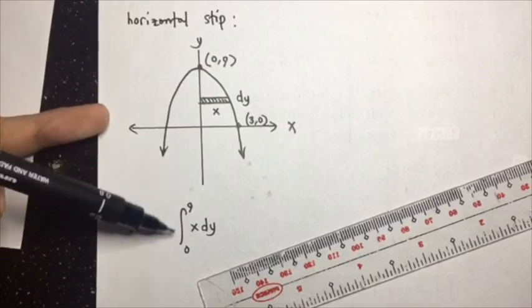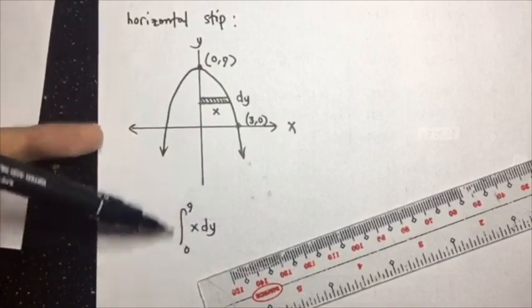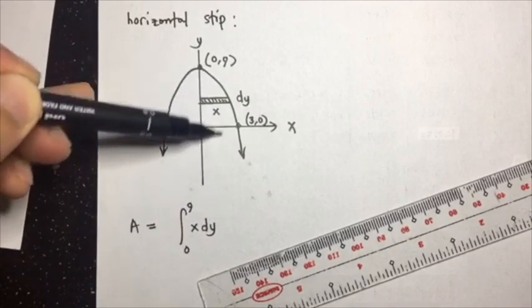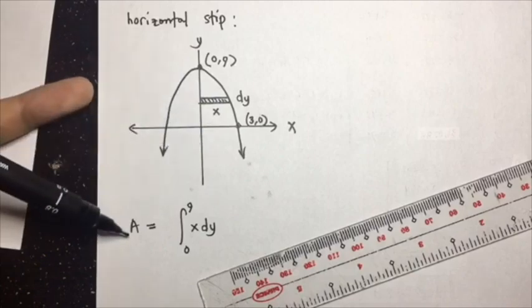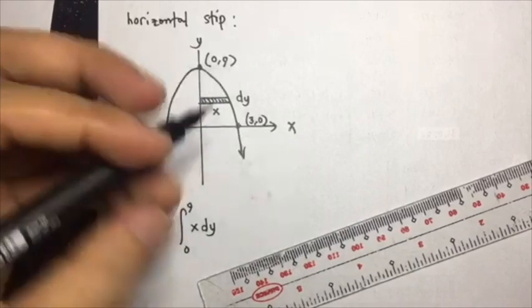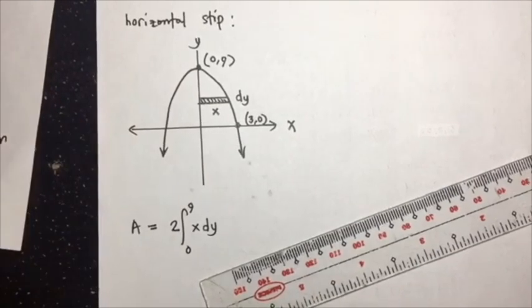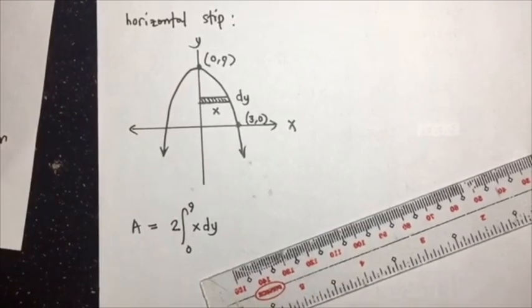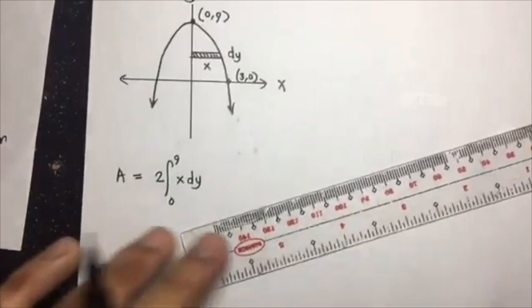Since this expression will only get the area of the right side, all we need to do to get the total area is to multiply it by 2. So that's it. The next step is to express x in terms of y.